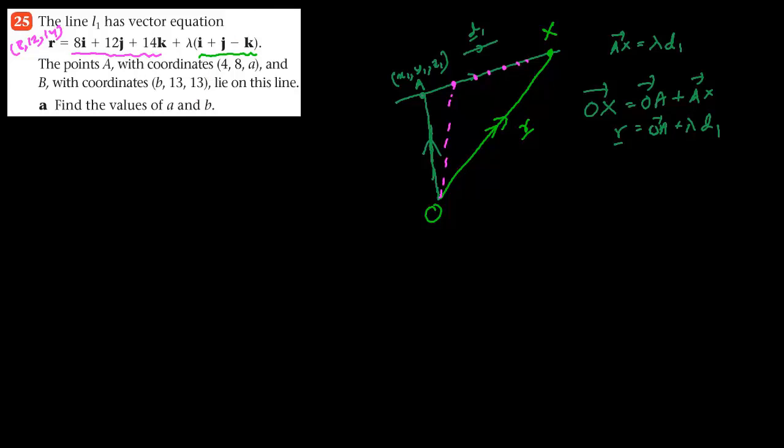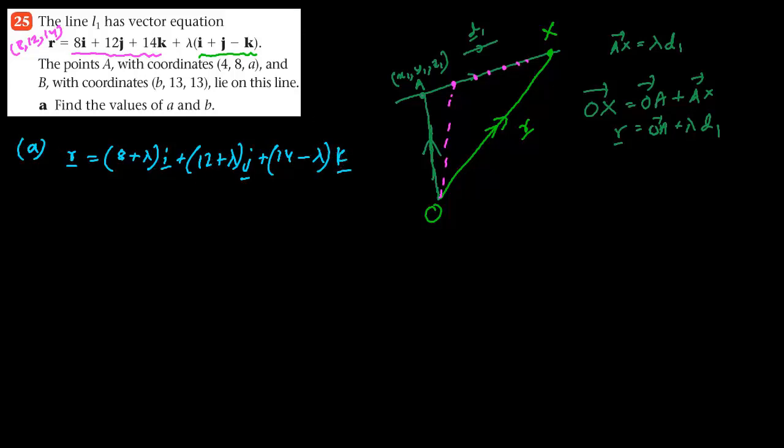So we can get back to this question. The first thing is, let's write out the universal position vector in the ijk format. So this is going to be (8 plus lambda) i, (12 plus lambda) j, then (14 minus lambda) k. So this is the universal position vector.